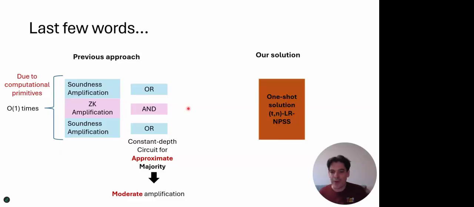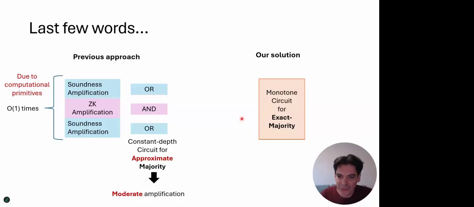Now, if you compare it to our solution, then it seems at first that we have a one-shot solution, right, that uses T out of N leakage resilient MPSS. But actually, when you open the box, you see that implicitly, when we construct this information theoretic threshold MPC, we rely on a monotone circuit for exact majority. And this exact majority is exactly what allows us to get the full amplification result.